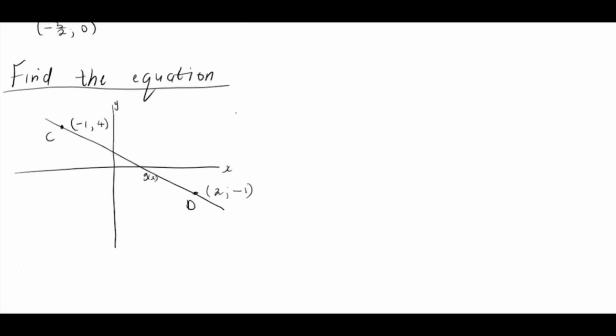Lastly, let's find the equation of a straight line. Given g of x with 2 points C and D, the instruction is to find the equation of the graph. We know that the equation of a straight line is y is equal to mx plus c. Let's find our gradient. m is equal to y2 minus y1 over x2 minus x1.